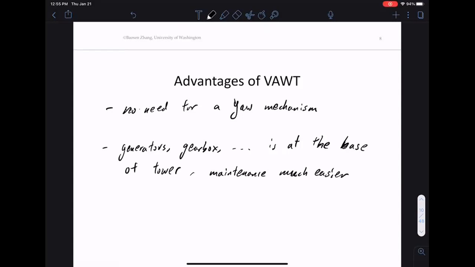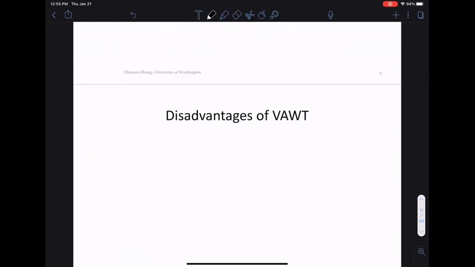That's why you tend to see some of these vertical axis ones, especially in more urban areas. They're easier to install, easier to get to, and not as large as the horizontal ones. But the main disadvantage of the vertical ones is that the wind speed is slower, since you're right above ground.